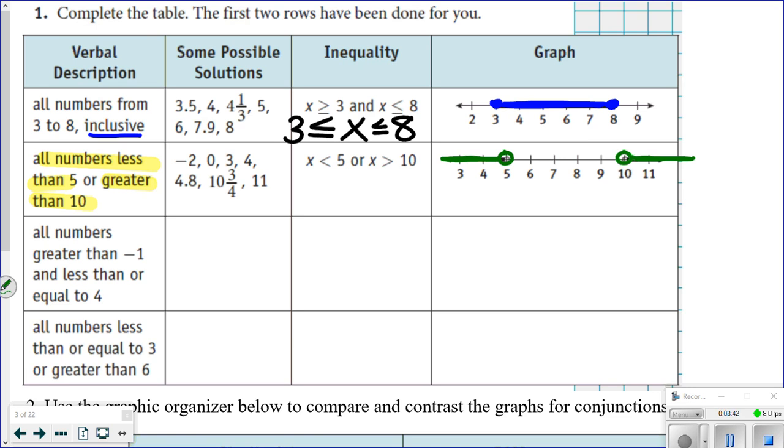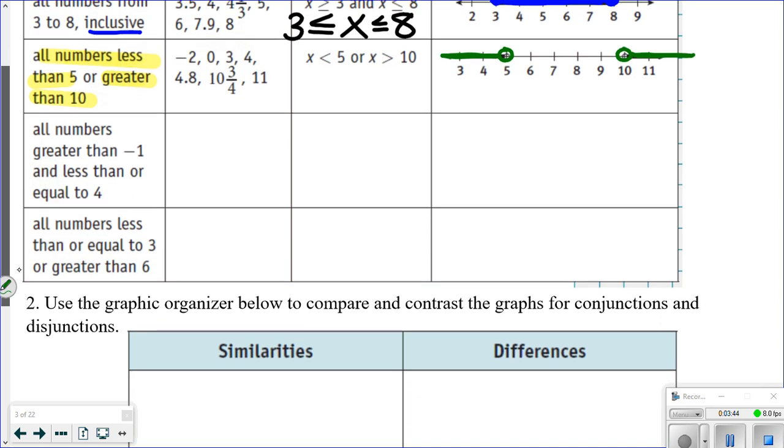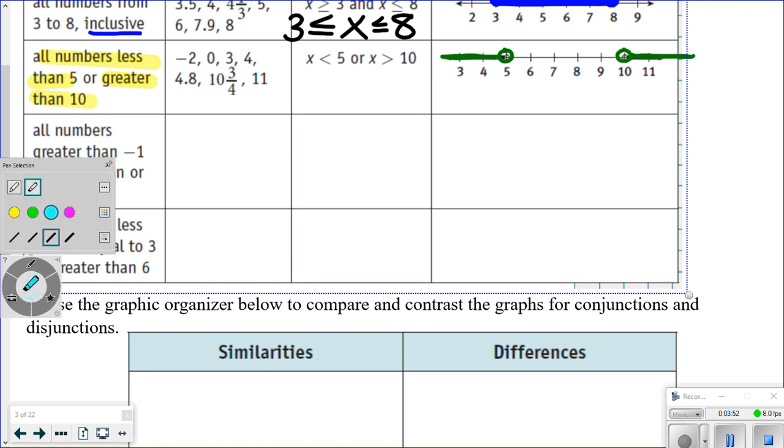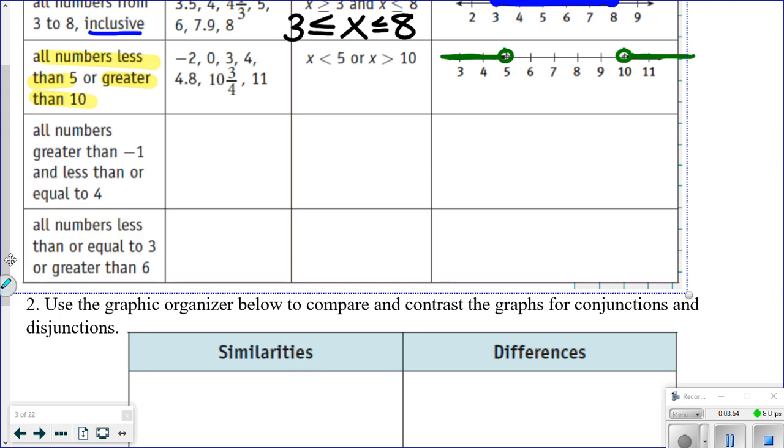The next row, all numbers greater than -1 and, that word is important, less than or equal to 4. So pause the video and I want you to think of a number greater than -1 and less than or equal to 4.